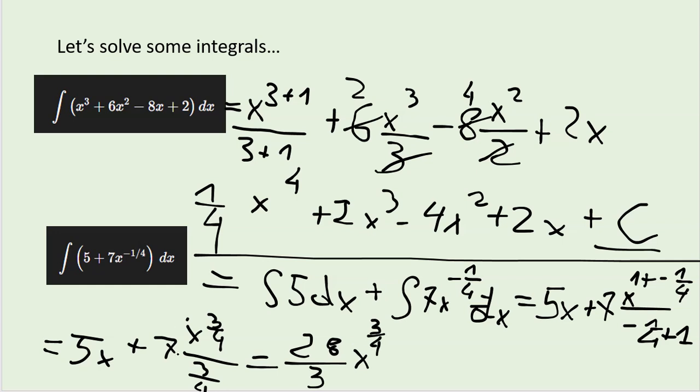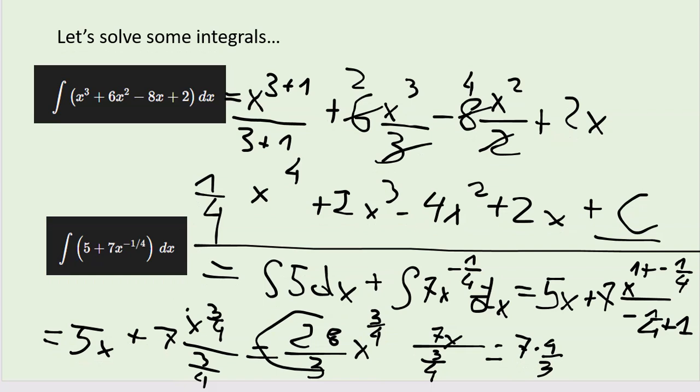Why? Because this is 7x, right? You can write it like 7x divided by 3/4. You know that dividing by a fraction is multiplying by the reciprocal, so it's going to be 7 times 4/3, right? That's why it's 28/3. Okay, that's the answer. Let's go to the next one.